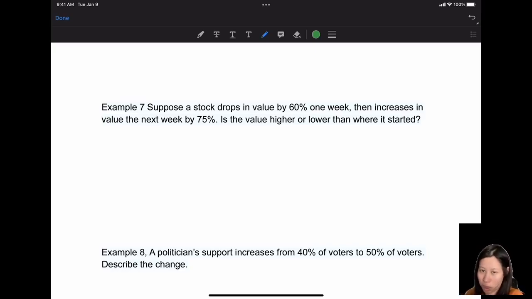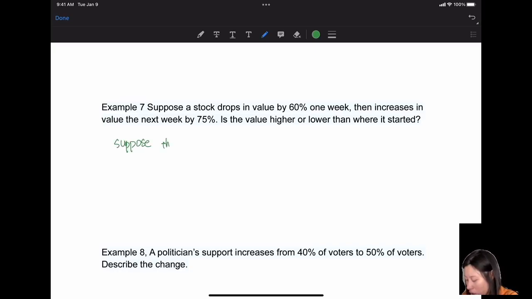You can suppose it's 1,000 or 500 or 2,000, whatever you like, but 100 is easier. You can even use 1. The reason I use 100 is that when you convert a percentage to a decimal, you divide by 100, and then you times 100, and it just cancels out, right?